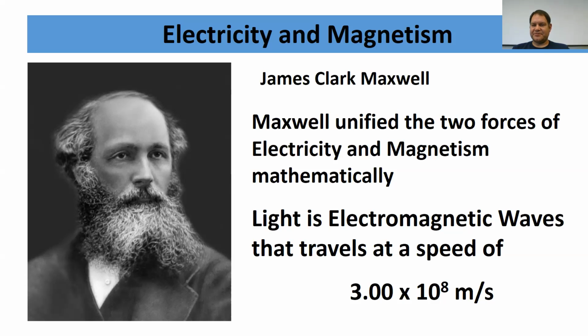And when he determined the speed at which an electromagnetic wave traveled, he determined that it was 3.00 times 10 to the 8th meters per second. Okay, super fast. Well, it was known at this point what the speed of light was. In other words, how fast light traveled through space. And it was known that light traveled through space at 3.00 times 10 to the 8th meters per second.